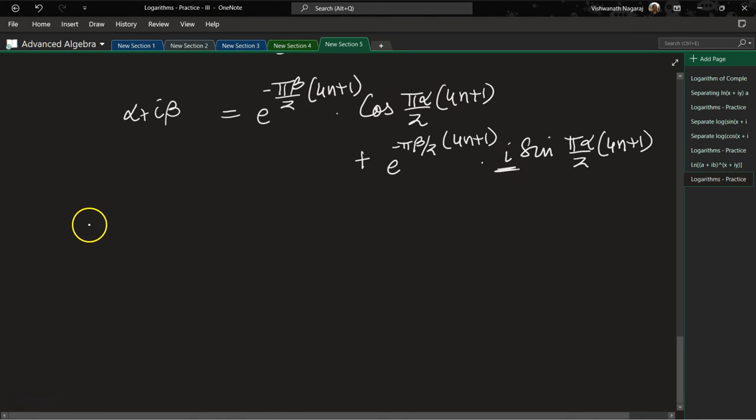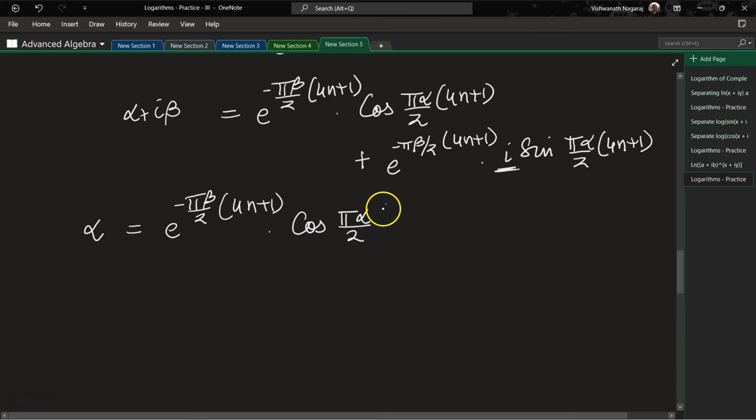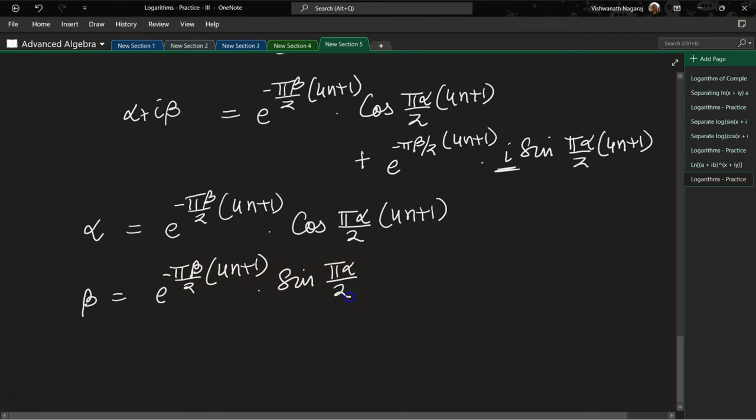So let's equate the real and imaginary parts. So alpha is going to be e to the power of minus pi beta by 2 times 4n plus 1 times cos pi alpha by 2 times 4n plus 1. Similarly, beta is equal to e to the power of minus pi beta by 2 4n plus 1 times sine pi alpha by 2 4n plus 1.